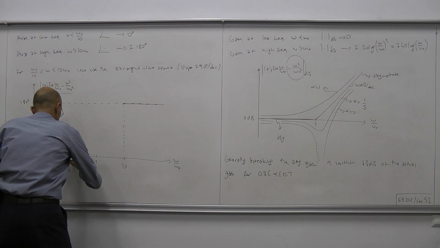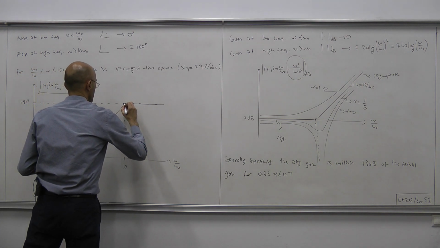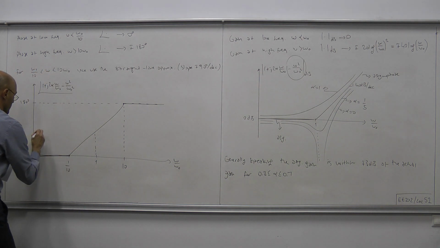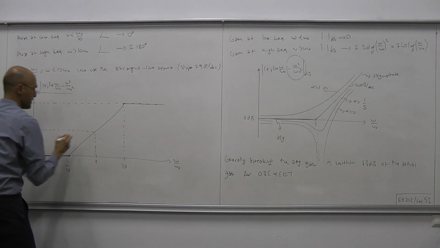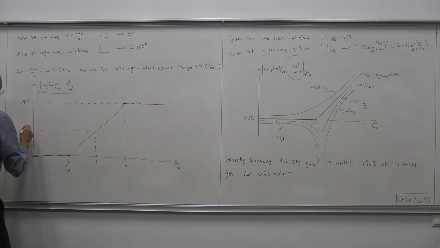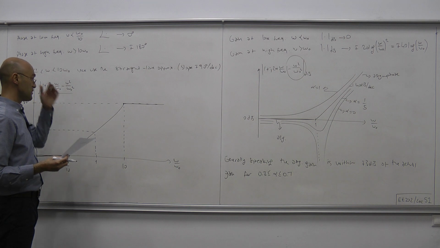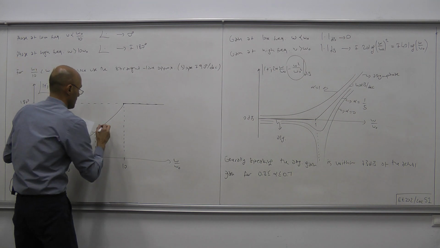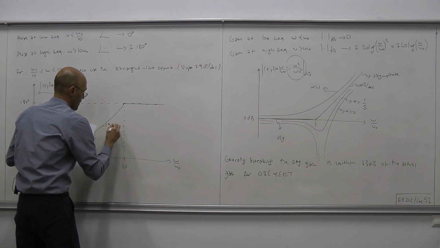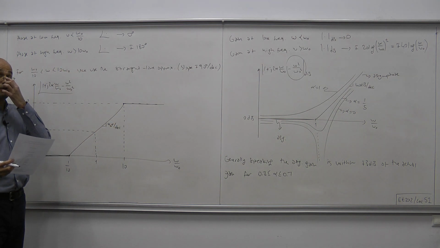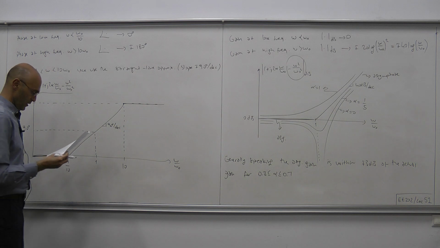So we have the following, where at omega equals omega 0 we have 90 degrees of slope. So that's the approximation, or the asymptotes.